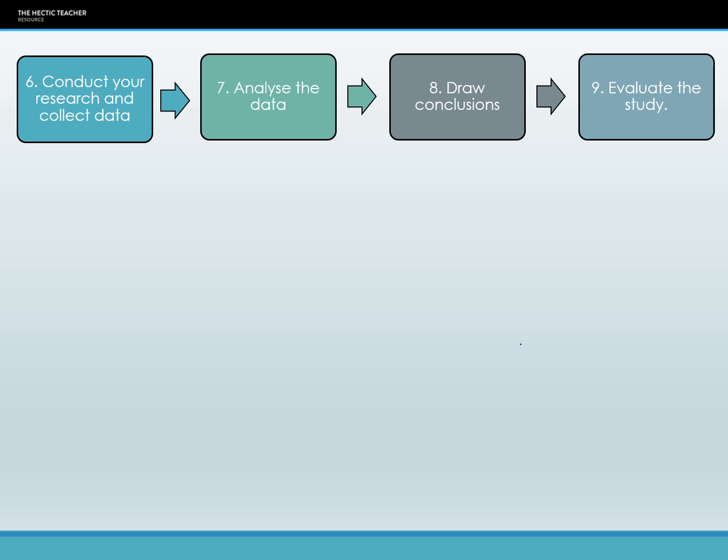They may hire people, they may use PhD students or university students to help them. But obviously they're going to have to go out and collect data, whether that be primary or secondary. Once they have all their data, that's when we start doing the analysis.